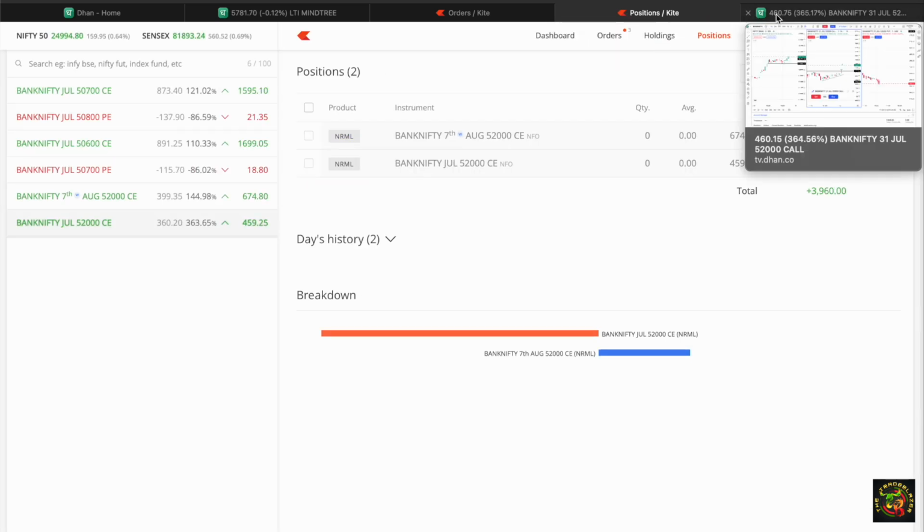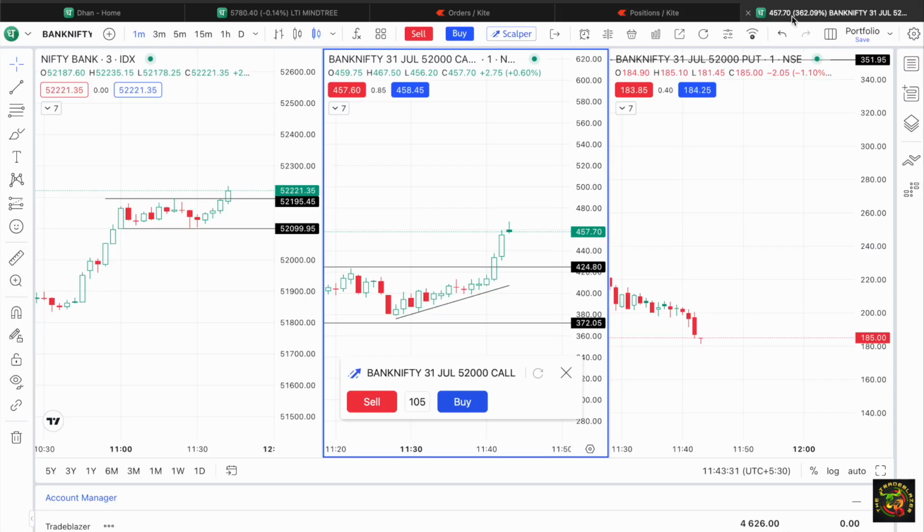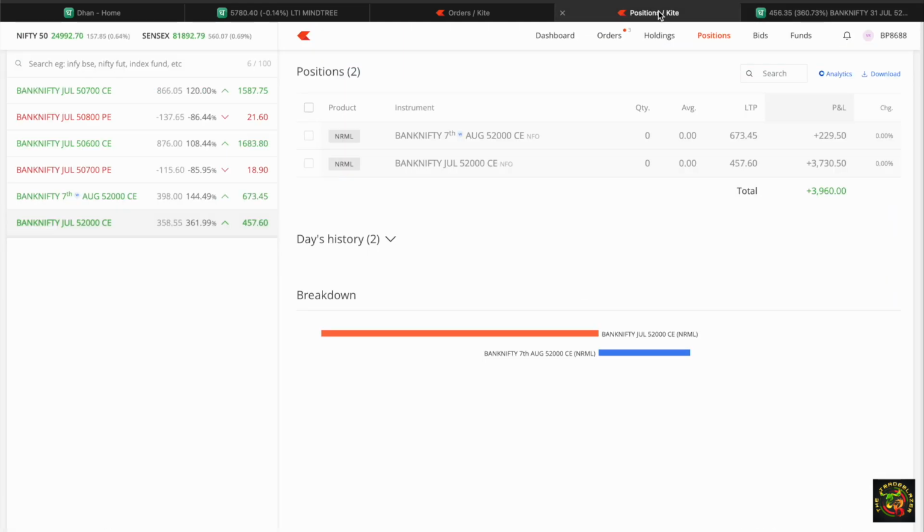So just exited the CE buy position in Zerodha, guys. So we are able to close the day in Zerodha with around 4,000 of profit.